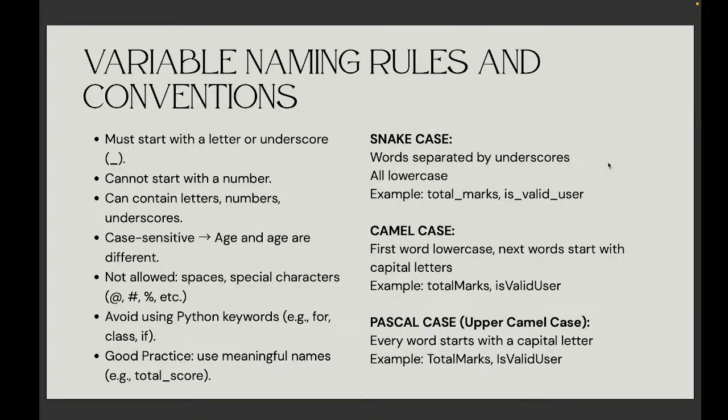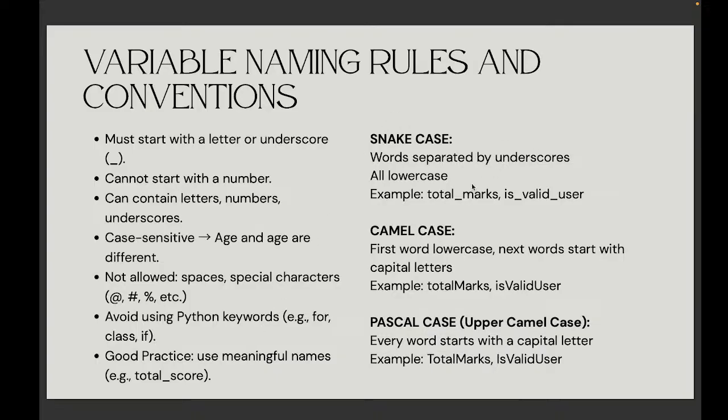We cannot use spaces or any special characters. Our variables can only contain letters, numbers, and underscores. The variable names are case sensitive, meaning variable names with small letters and variable names with capital letters are considered different. And we should avoid using Python keywords. Keywords are reserved words. They have a special purpose in the language.